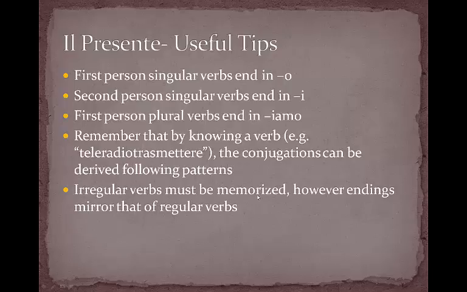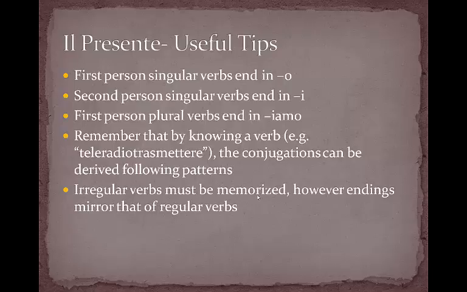Second person singular verbs in the present tense will always end in an I for the informal version. Obviously, the formal version, you're just using the third person singular, so that's not applicable. And then for your first person plural verbs, those noi verbs, those we verbs, they all end in iamo.